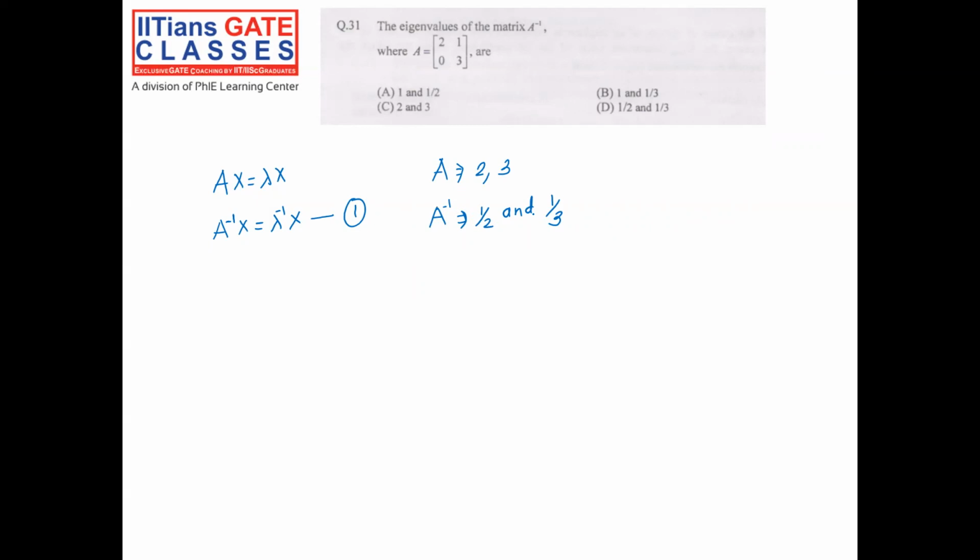If you don't know this logic or property, you may have to calculate first the inverse of that matrix and then the eigenvalues, and it will take a lot of time. Okay, but using this simple trick, we can easily calculate the eigenvalues. So here the eigenvalues are 1 by 2 and 1 by 3. So option D is correct.